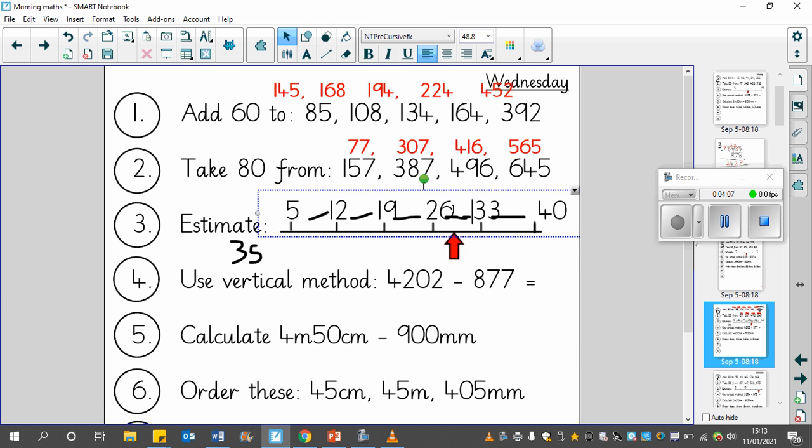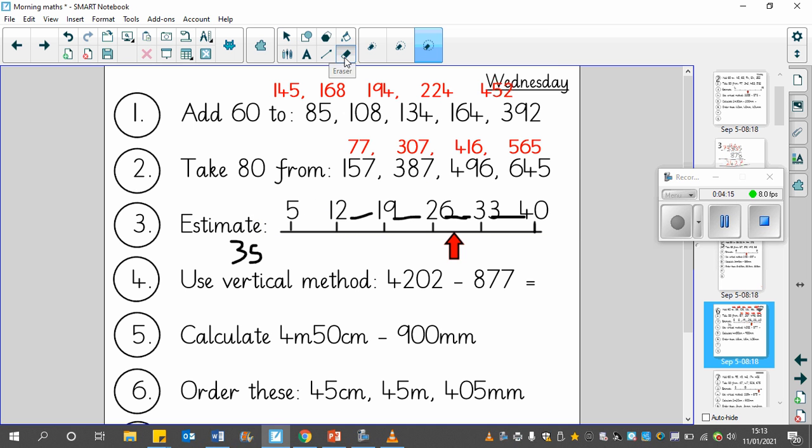And then 40 is correct. So that's all right. Let me just rub out these little lines to get rid of that. Okay, so those are where the lines are. Now, the arrow is in the middle of 26 and 33. So it's basically 7 between 26 and 33.